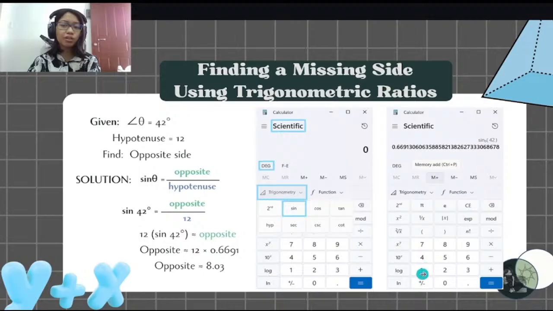Multiplying 12 by the value of sine 42 degrees, which is approximately 0.6691, gives us approximately 8.03 units.